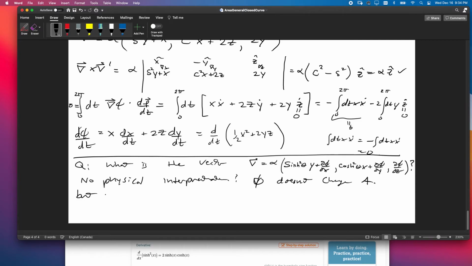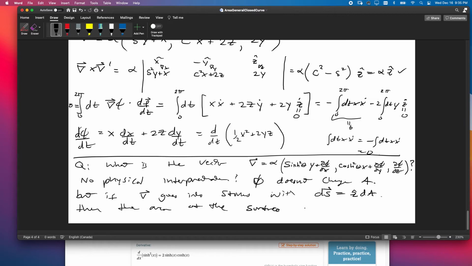But if v goes into Stokes, with ds equal to z hat dA, then the area of the surface is calculated.